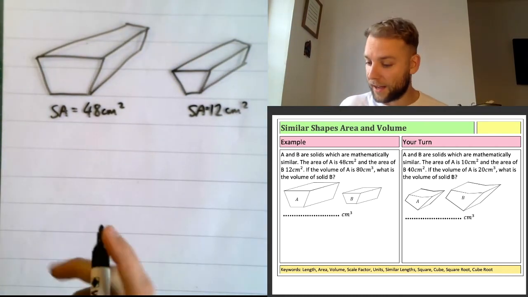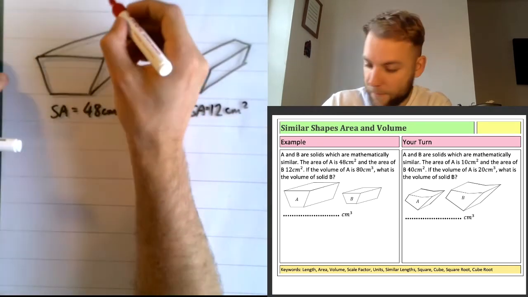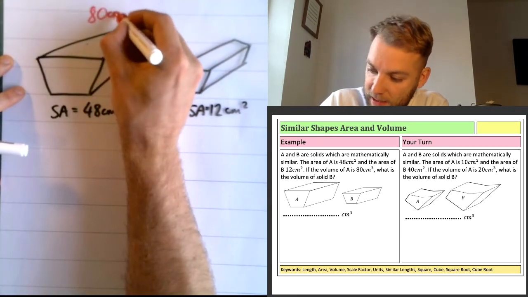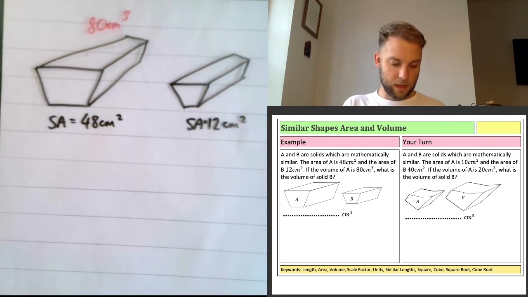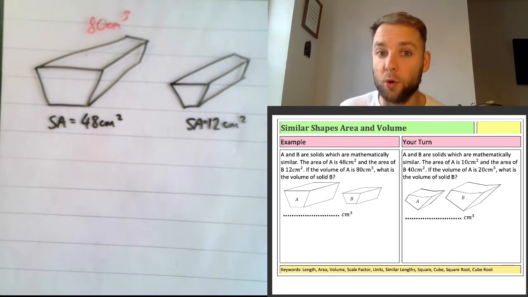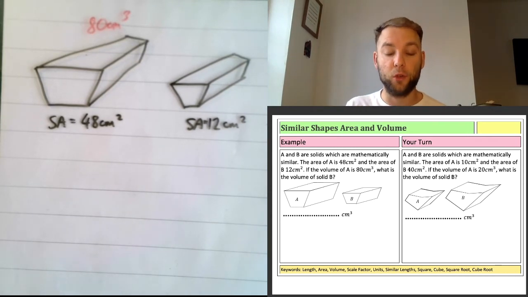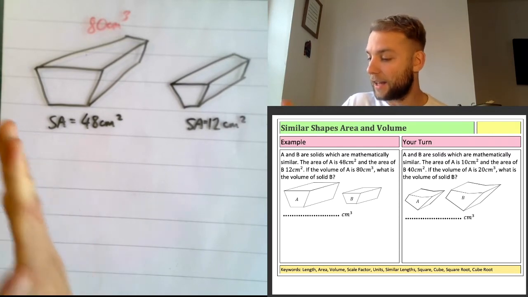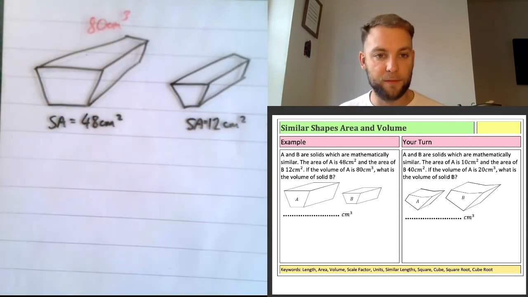And we're trying to find the volume. Let's put the volume above it. So the volume of A is 80 centimetres cubed. Okay, so it's a bigger volume. The first thing we need to do, same as always, is work out that scale factor. And the problem here is I do not have any heights, and I don't have a similar length, a similar height, or a similar width.